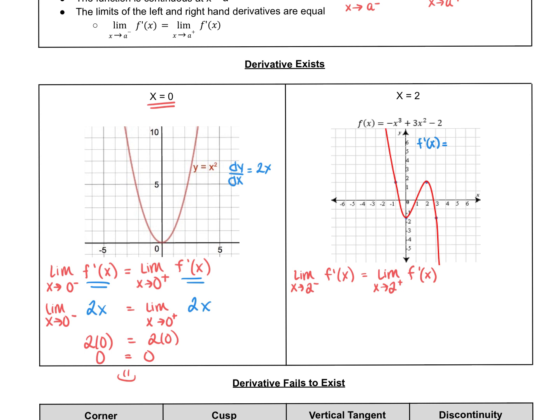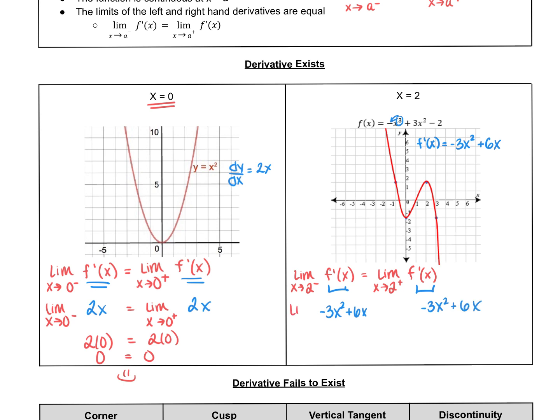Again, take the power, bring it in front. So negative 3x squared, plus 6x, and the derivative of a constant is 0. So for the derivative, I'm just going to put negative 3x squared plus 6x.